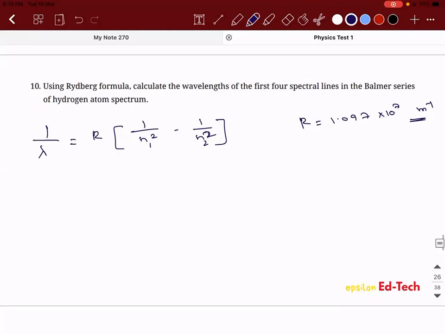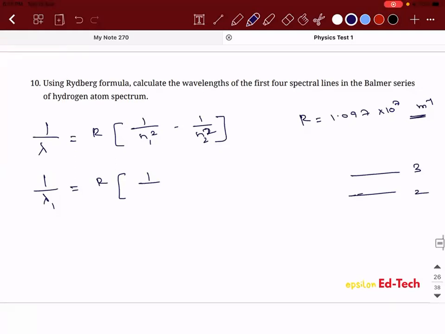So 1 by lambda 1 is R into 1 by, for the first spectral line, where should the electron jump from? It should jump from 3 to 2. So 1 by n1 square is 1 by 4 minus 1 by n2 square is 1 by 9.